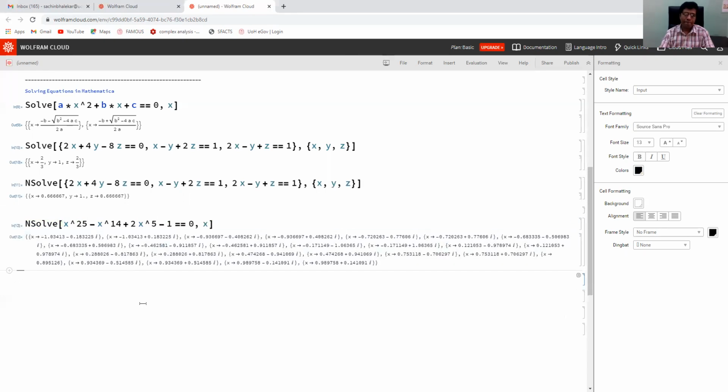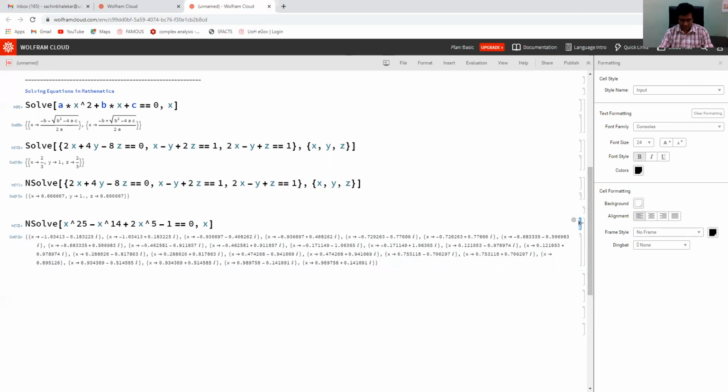Okay, these are the 25 solutions of this polynomial of degree 25. Some solutions are complex also. I think all these are complex numbers. Okay, so this is by using nsolve.